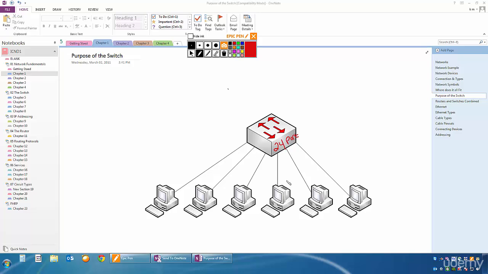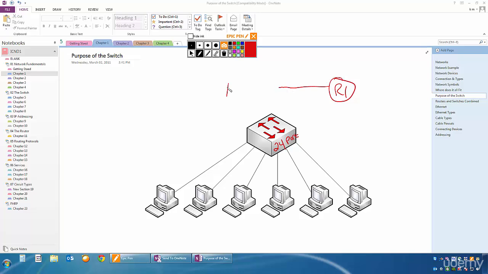Which means if I had 24 ports all used up, there's no way these PCs will be able to communicate with any other network, because you would need a router to plug into this switch. And guess what? A router takes up a port.